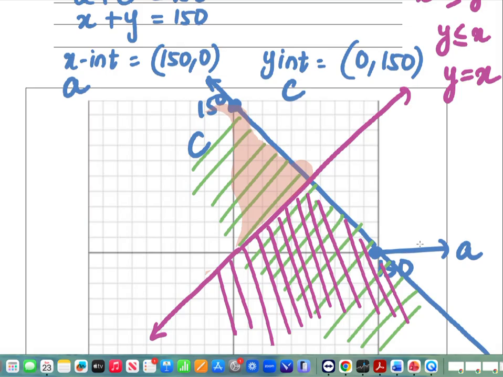Now if you had swapped your A and C the other way around, then your overlapping region would be this red marked region. So it depends on where you have placed your A and C, and that's how the regions would overlap.